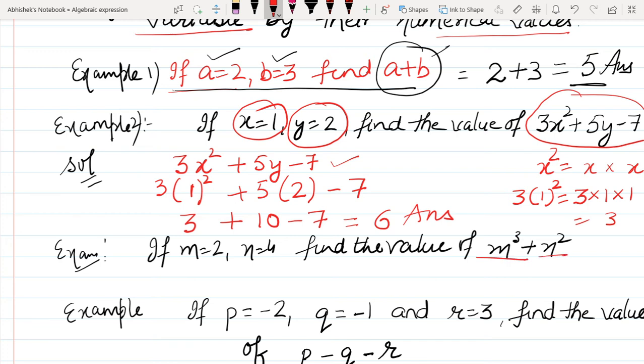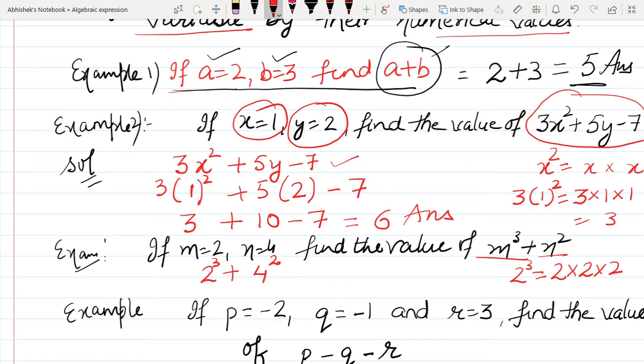So what does m cube mean? Wherever it is m, we will put 2 raised to power 3, plus in place of n we will write 4, and it is 4 raised to power 2. So first we will solve 2 raised to power 3. The value of m is 2, so it is 2 raised to power 3, which means 2 multiplied by 2 multiplied by 2.